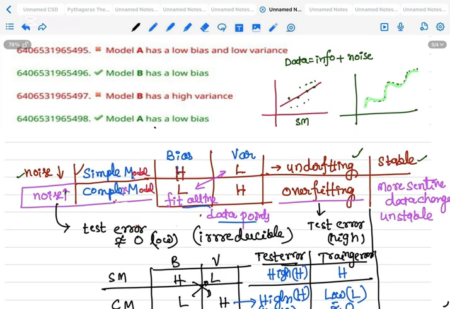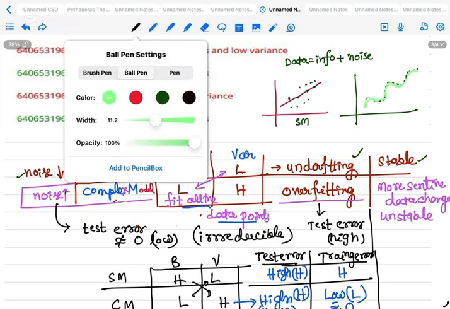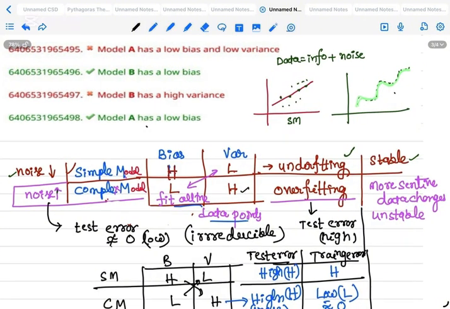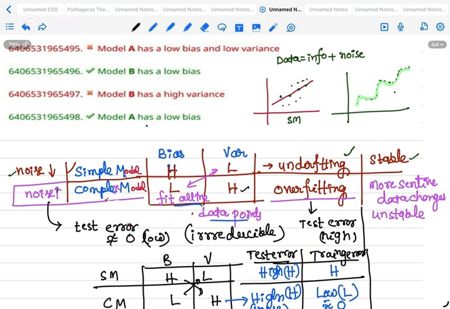So variance is high in a complex model, and complex models are overfitting. If any data point changes, it fluctuates the stability of that model. It is more sensitive to data changes. It is an unstable model.